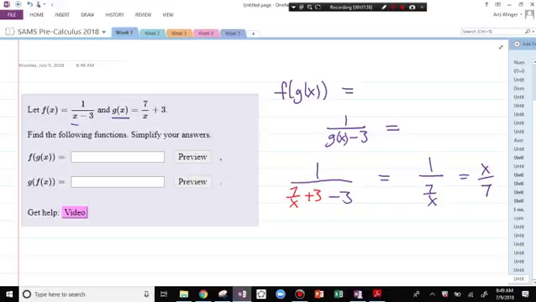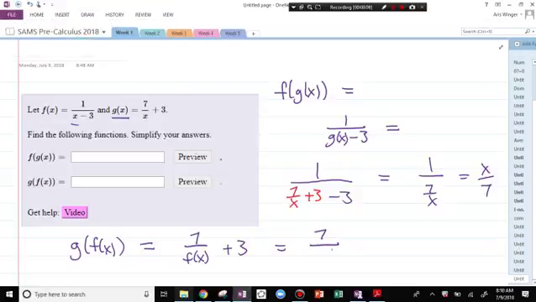G of f of x. We're going to take all of f, put it in the g. That's not so bad either. G of f of x is equal to 7 over the function f of x plus 3. This equals 7 over, what are we plugging in now?